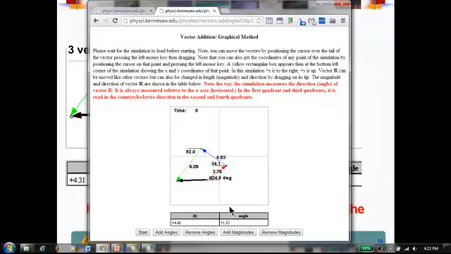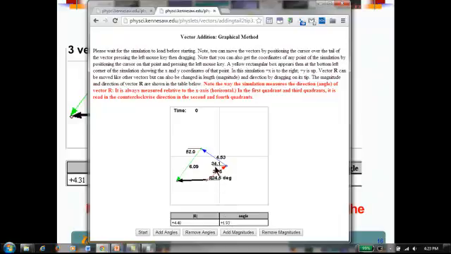Now, note this. If I add the magnitudes, 6.09 plus 4.53 plus 3.76, that does not add up to 4.40. If I add up the angles, that would not add up to the 195 or the 440 either.